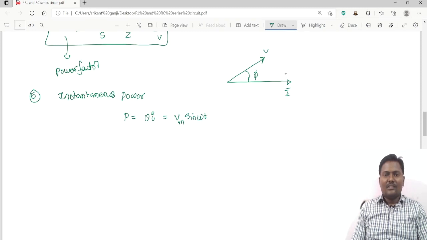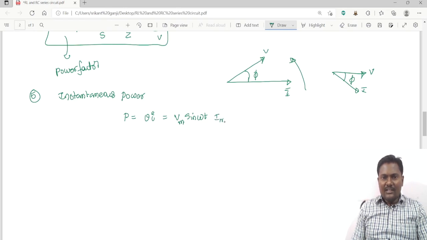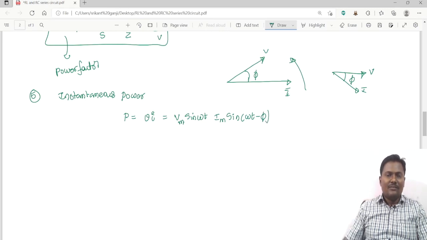As we are giving the supply voltage as Vm sin omega t, the phasors rotate in this manner. If I take the voltage as the reference, the current is lagging at an angle of phi. So the current equation is Im sin of omega t minus phi, lagging meaning minus phi.